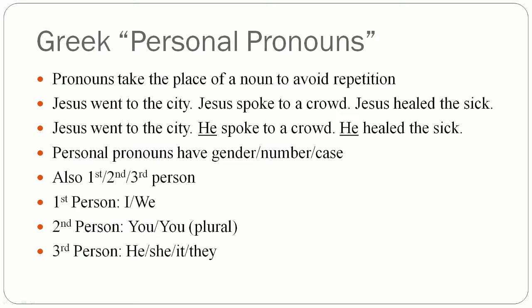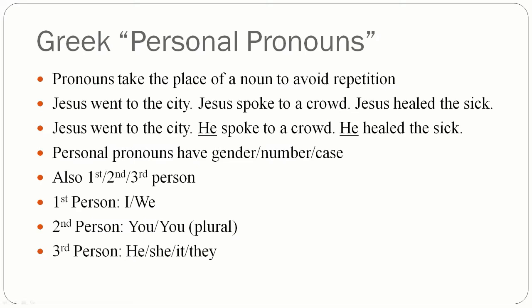Personal pronouns do have gender, number, and case. The gender, number, and case only come into effect in one of the personal pronoun categories, but they also have first, second, and third person. The third person personal pronouns do have gender, number, and case, whereas the first and second person only have number and case.